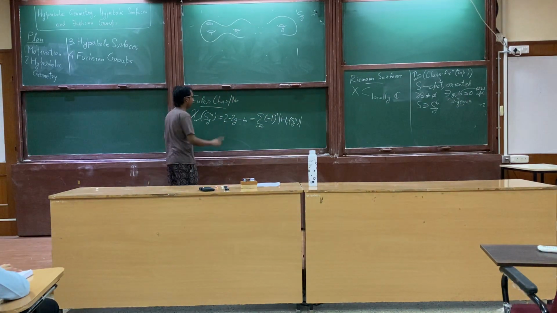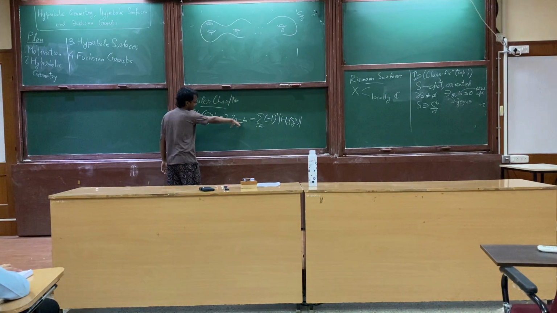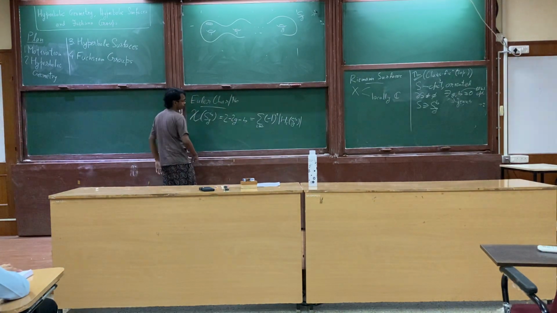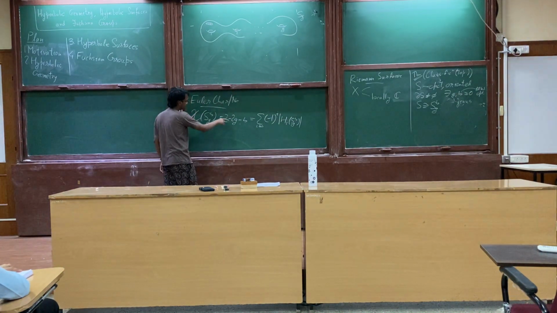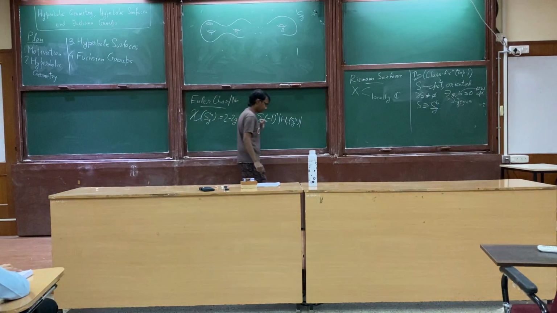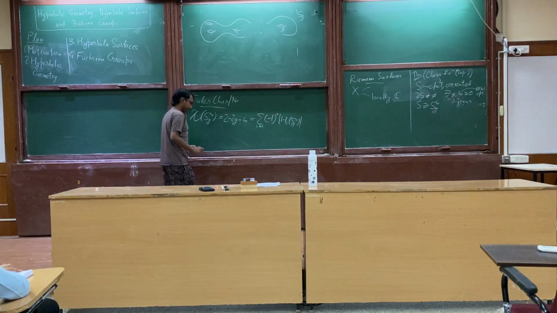This will suffice. So if it happens that B is 0, if our surface is without boundary, then we get that chi and G are more or less on the same level. We can get G from chi and the other way around. But sometimes we prefer to work with this. Why?